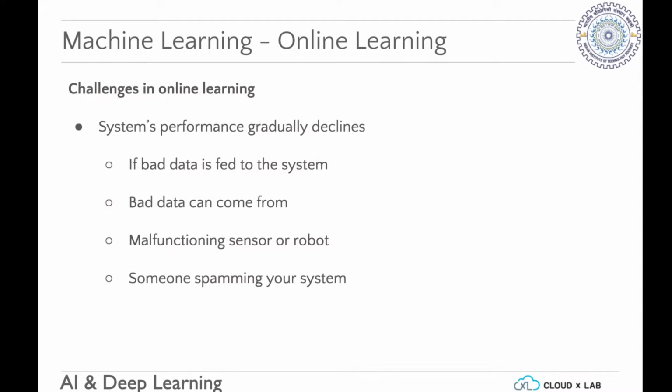So those are some of the challenges of online learning, where you have data coming in continuously. A lot of times you see that the system performance gradually declines. It usually happens when bad data is being fed. This bad data can come from, say, IoT data, for example, if you have a malfunctioning sensor or robot.